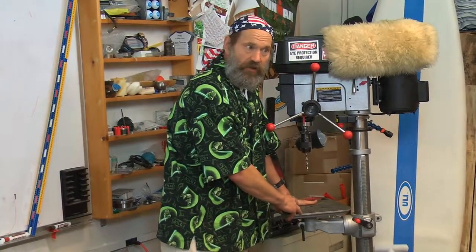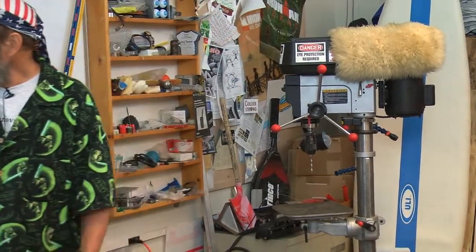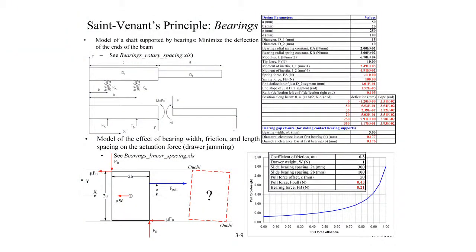Hey, wow, this stuff actually all works together. You can actually model this very exactly to figure out how much clearance and length you want for what force. Look at this. There's actually spreadsheets that come with these modules that you can get also. And it goes through all these calculations.